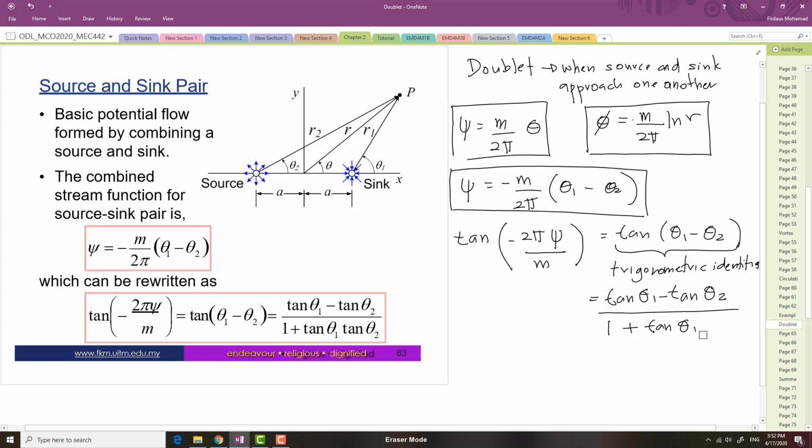You just recall your trigonometric identity; you can Google the trigonometric identity for tangent of theta 1 minus theta 2.